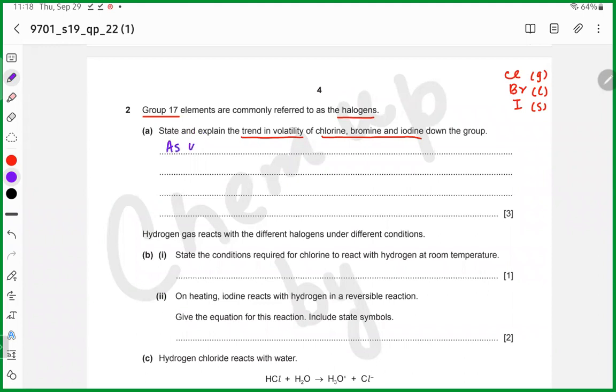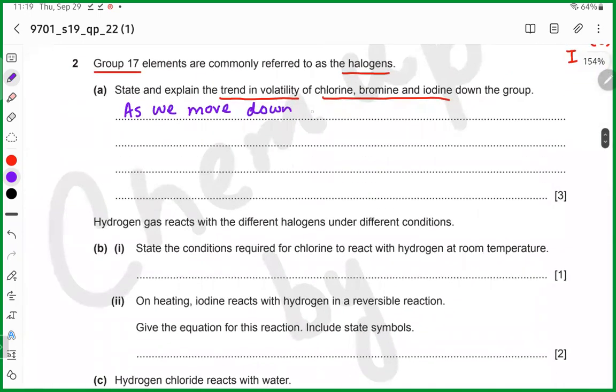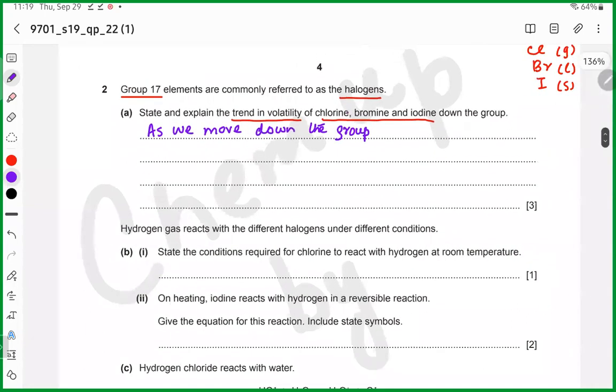As we move down the group, volatility decreases. So we have stated the trend.